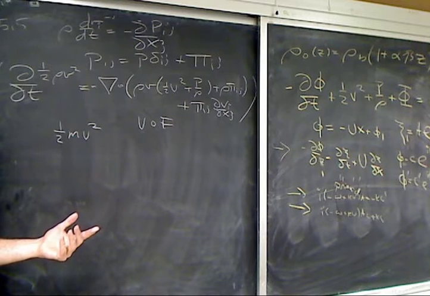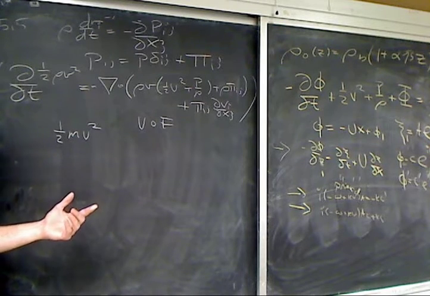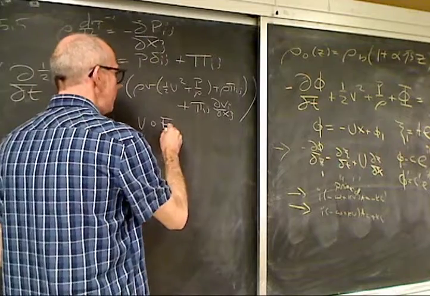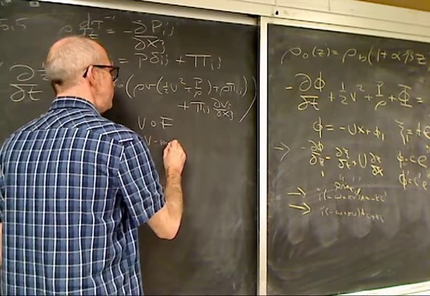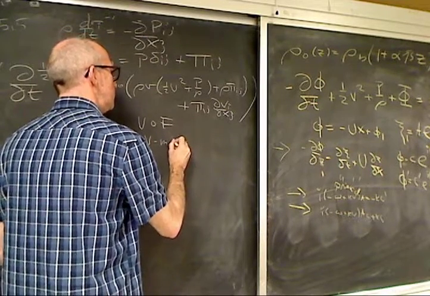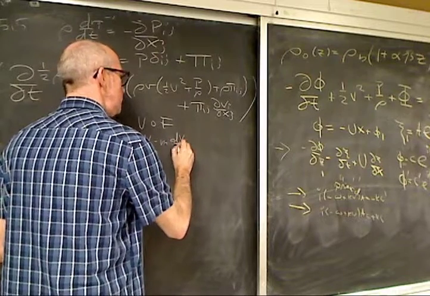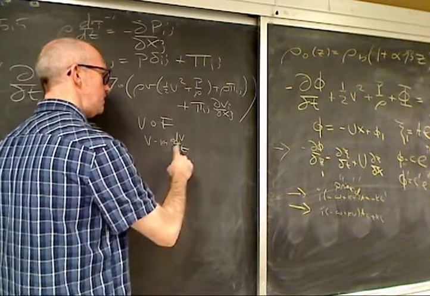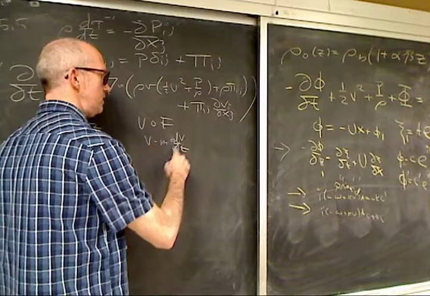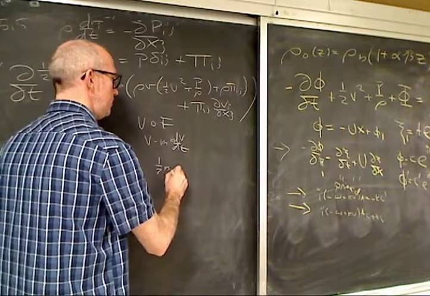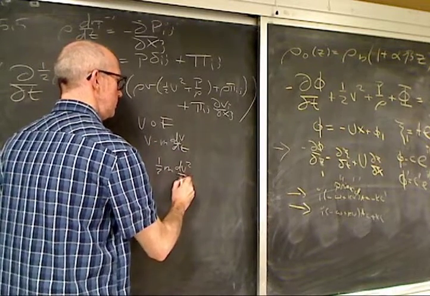Everybody on board with that? So what is that? This is just v dot m dv dt. But this, I can just integrate. I can just pull this v inside the integral, and I get 1/2 m d v squared dt.